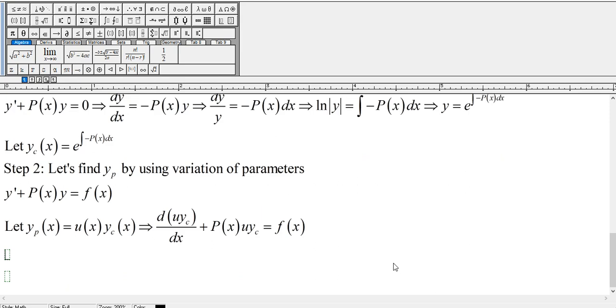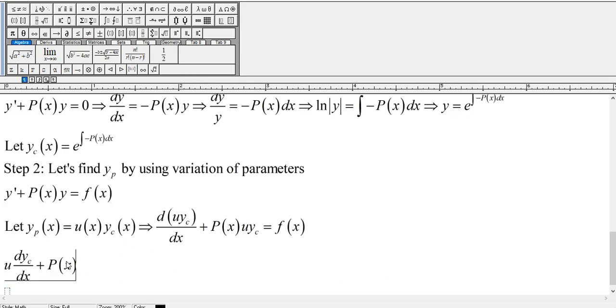Okay, chain rule. So I'm going to get the derivative of one of them, and then hold the other one constant. So I'm going to get u times dy common dx, and then plus, we're going to have this p of x here.